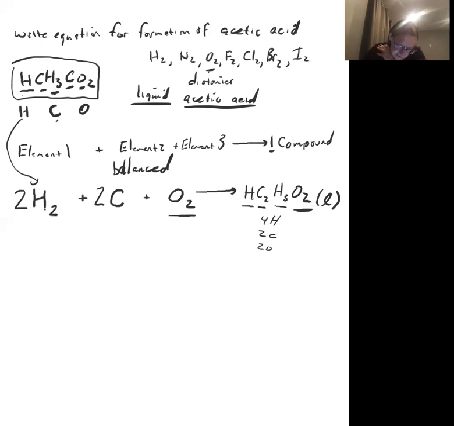The last step is to say, what are the states of matter? Those are things that you may not have much experience with, but I'm going to give them to you right here. Hydrogen, nitrogen, oxygen, fluorine, chlorine. These are all gases at room temperature.